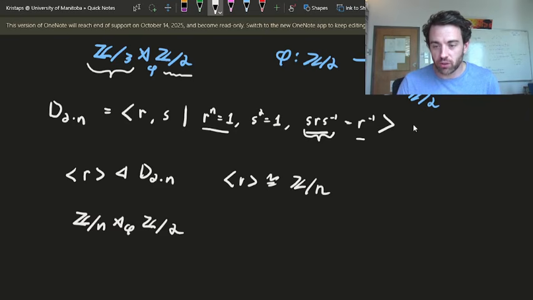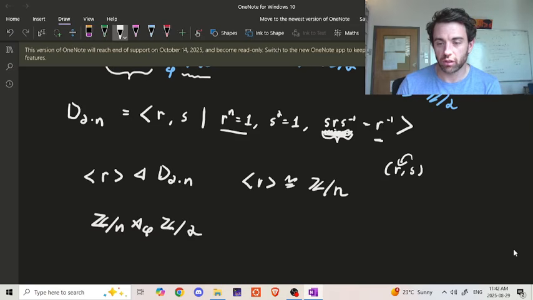Because if we think about our form of the semi-direct product, we're thinking about it as pairs r and s. And we need to think about how the s would act on such an r. And here we do have this conjugation action. In fact, we can generalize this operation so that if we had s r^i s inverse, we could peel off one of the r's.